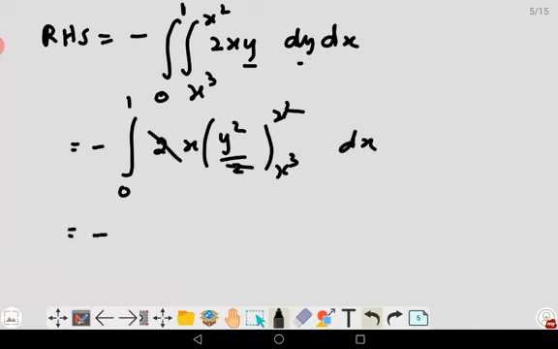You get minus integral 0 to 1 of x into, for the upper limit, instead of y replace x square. It will be x power 4, minus x times, y replaced by x cube, x cube square will be x power 6.